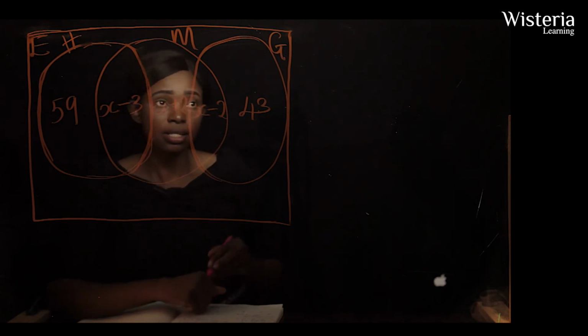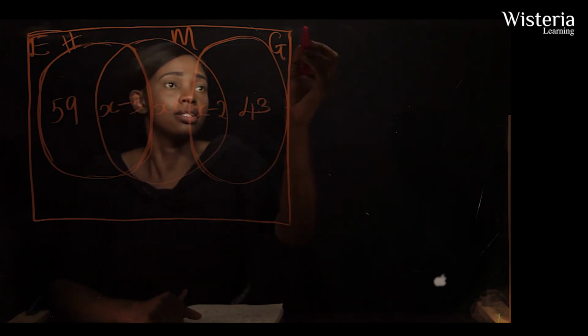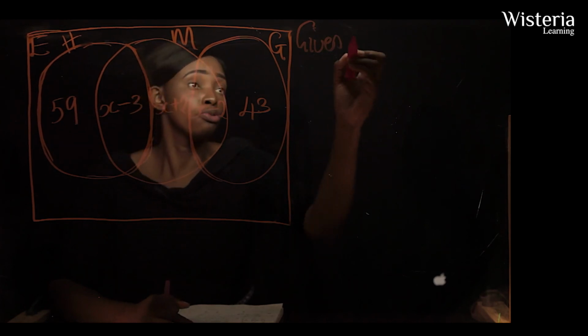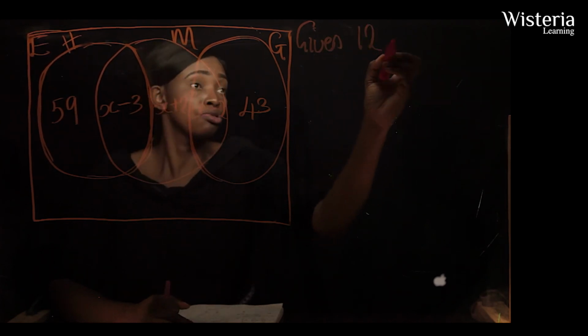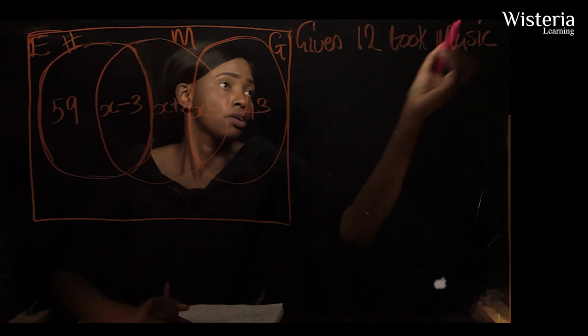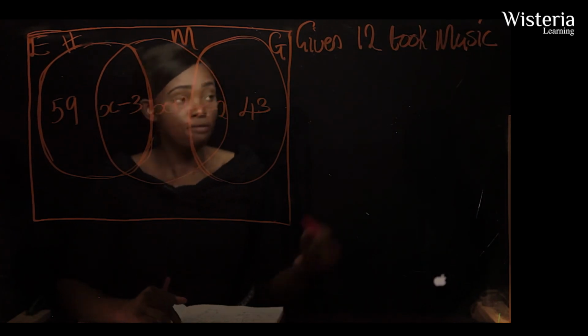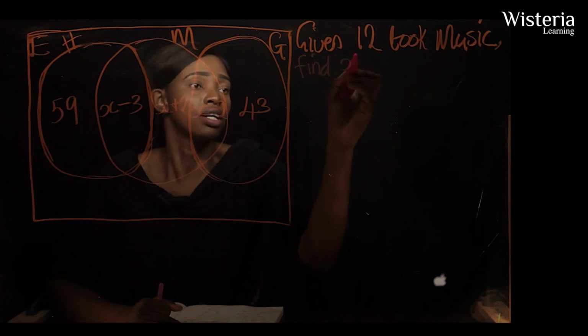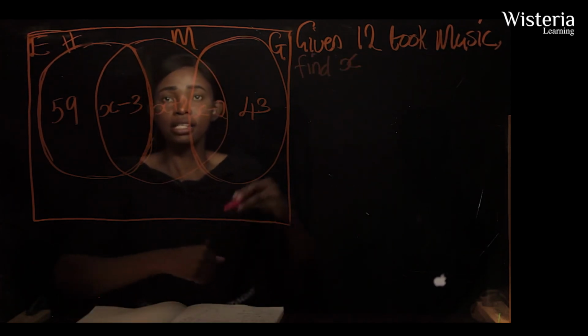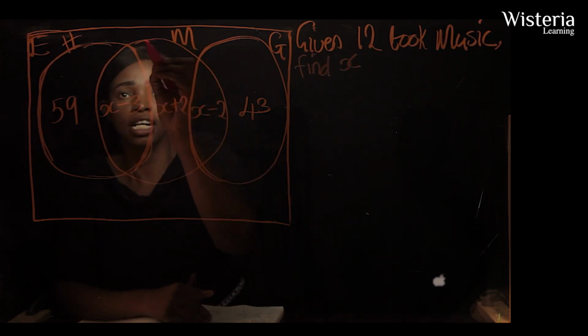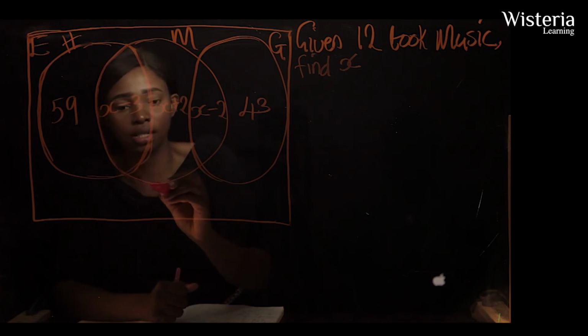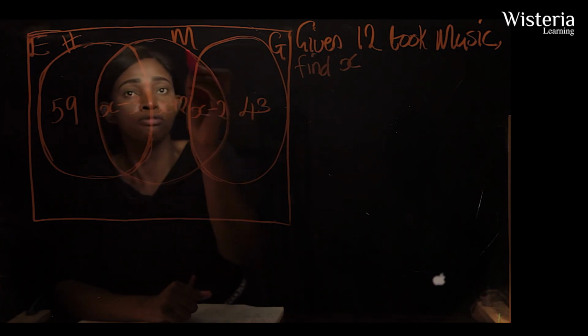Then given that 12 learners took music, find X. So to find X, we're going to get all these values that are inside set M, which is for music.